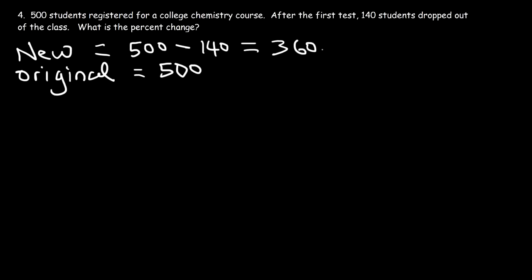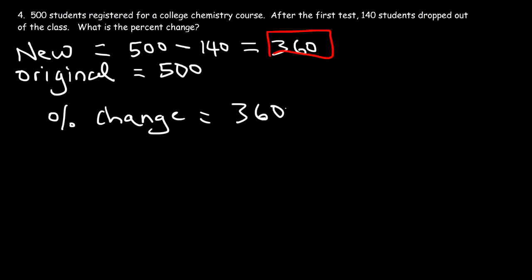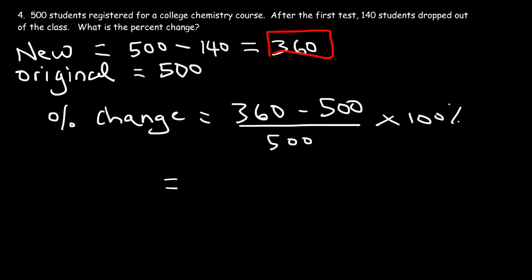So now we can calculate the percent change. So the percent change is the new value, which is 360, minus the original value of 500, divided by the original value times 100%. So 360 minus 500, that's 140, but you need to use a negative 140 because the number of students in the class decreased.